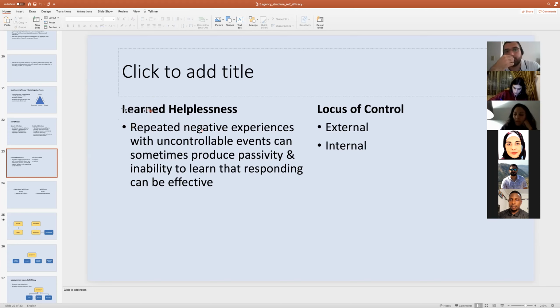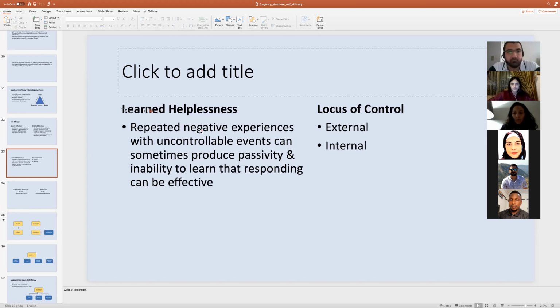When people try to engage in behavior change multiple times, but they are faced with repeated failures or negative experiences, then they become passive. They learn to become helpless and passive.